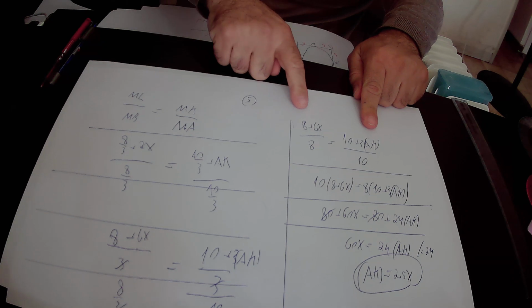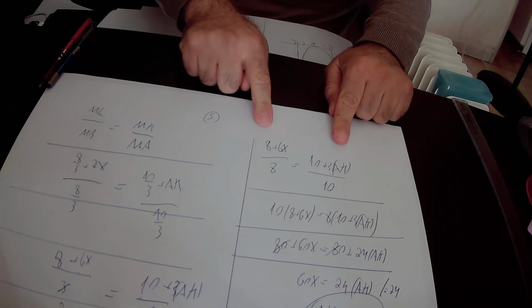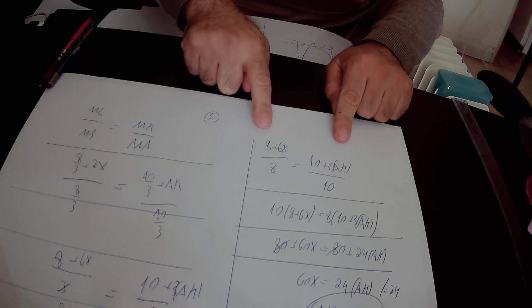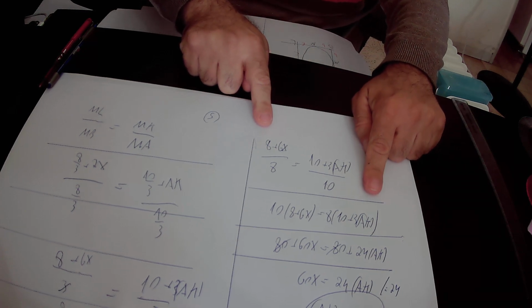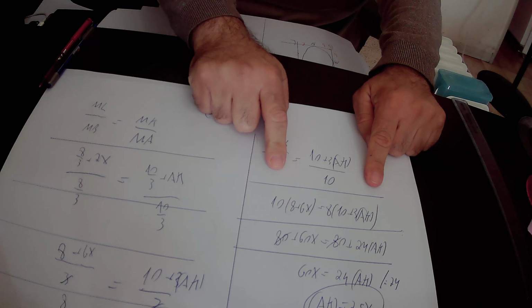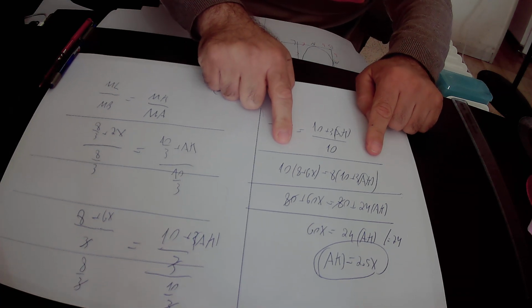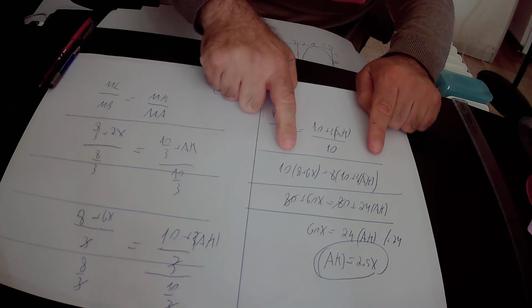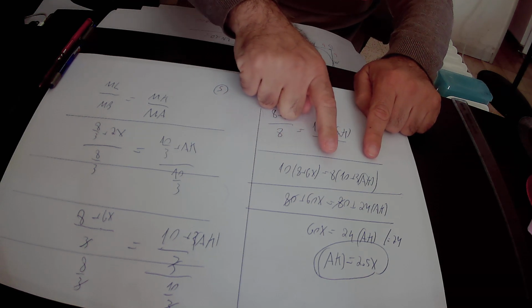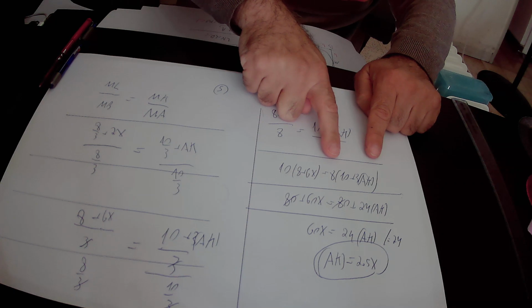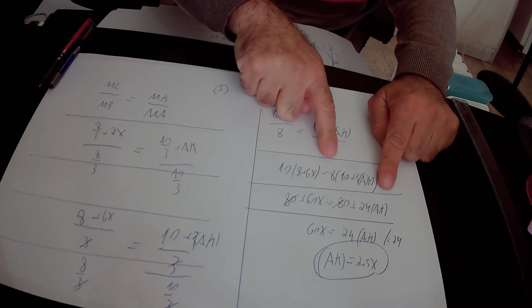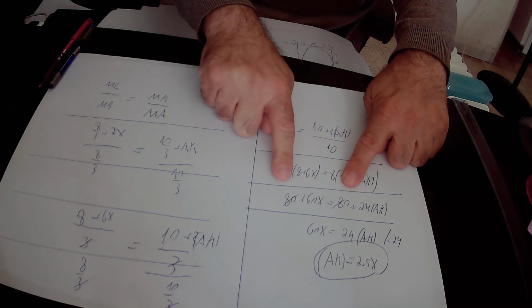Here we cross multiply this equation. We found out that 10 times 8 plus 6x equals 8 times 10 plus 3AK. We open the brackets on both sides of the equation. And finally we found out that 10 times 8 is 80, plus 10 times 6x is 60x, equals 8 times 10 which is 80, plus 8 times 3AK which is 24AK. So we have 80 on both sides, so 80 will get cancelled.